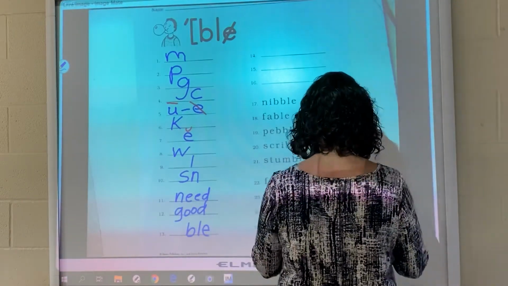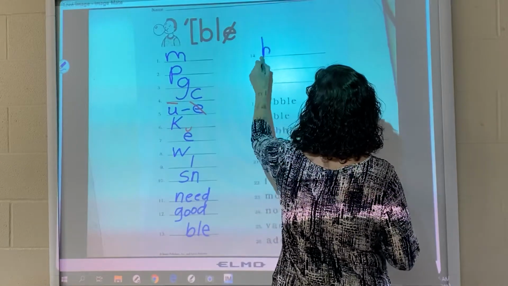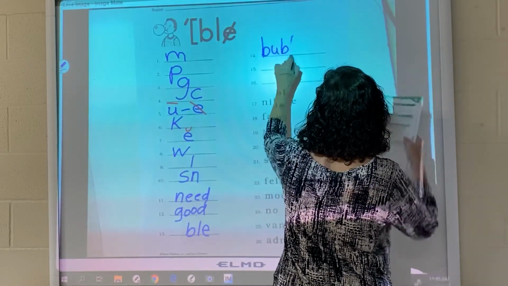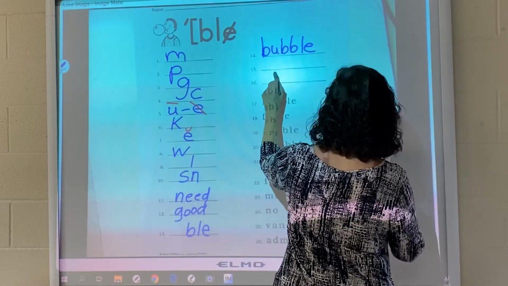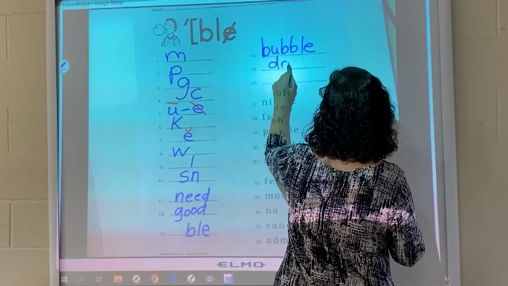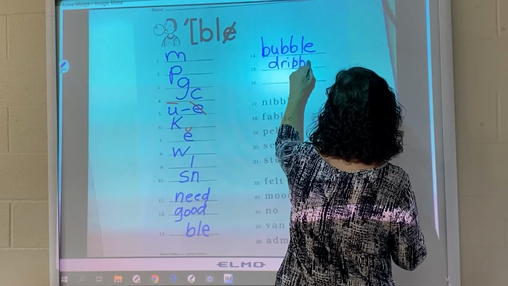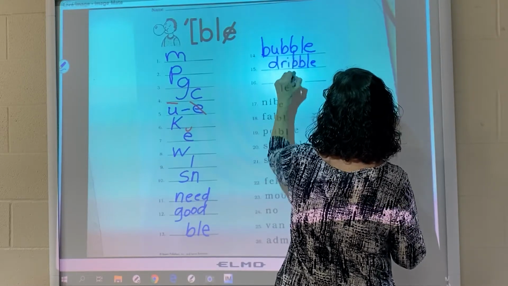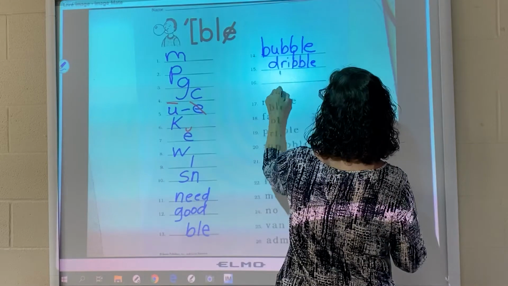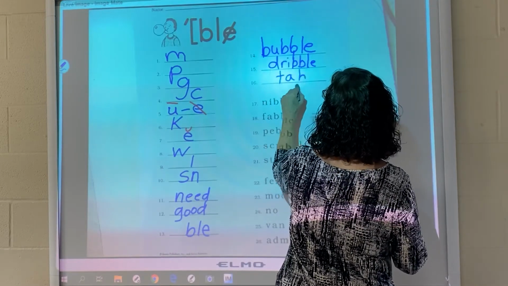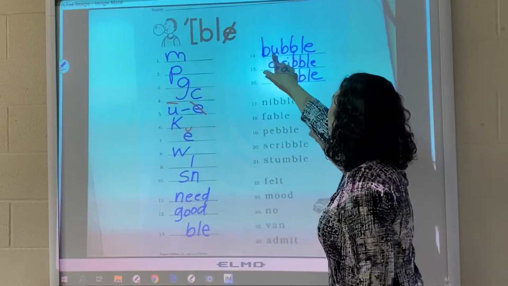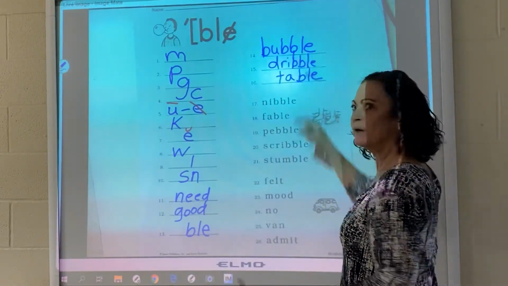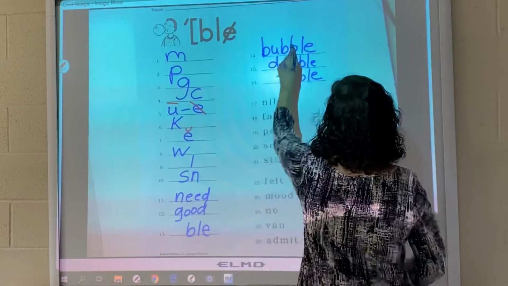Now these three words right here all end with the final stable syllable bull. And those words are bub, bull. Now remember, that is a syllable.